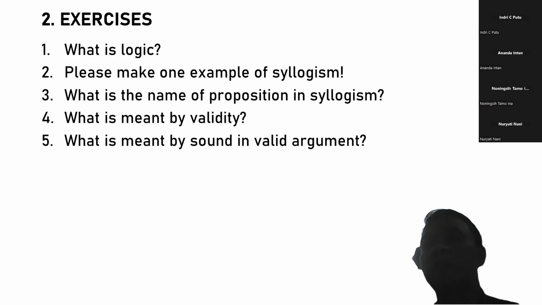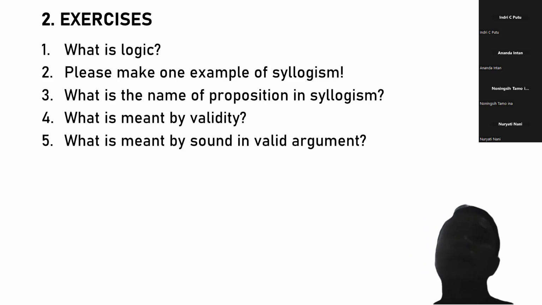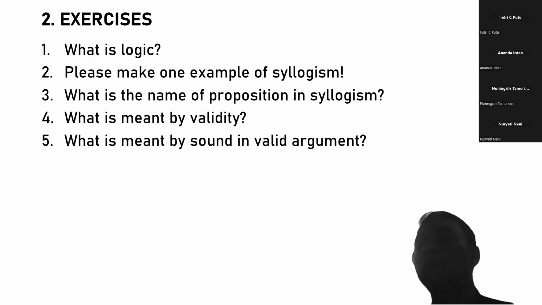The topic is quite difficult to understand, I think, but you have to learn it well, because it is one important aspect in studying semantics itself. You have to know what logic is, what validity and truth are in determining syllogism.